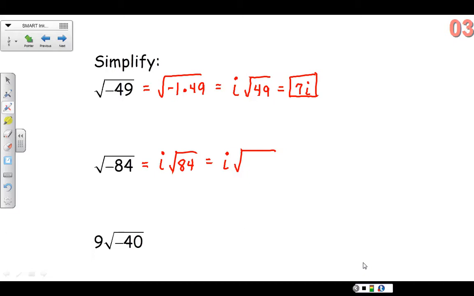Right off the top of my head, 84 should be divisible by 4. 4 would go into 84 21 times. And I think that's about as good as we can do because 21 cannot be broken down into any perfect square factors. So the square root of the 4 can come out also. So 2I, and the radical 21 will stay underneath the radical. So that's simplified as far as you can go with it.